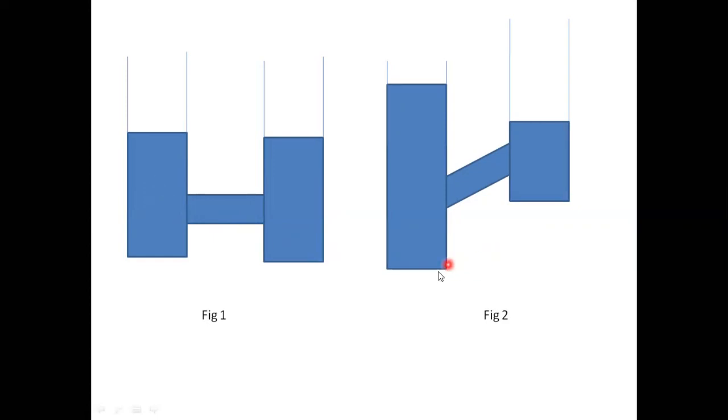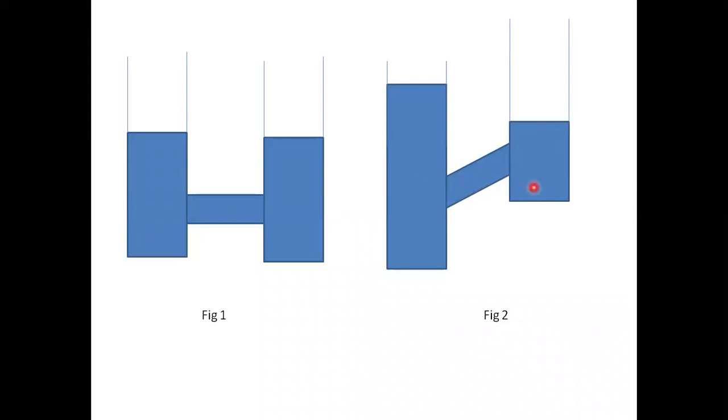Correct? But if you see figure 2, this container is given a certain height. Since it has been taken to a particular height, the potential energy for this container has increased. Because of this increased potential, the liquid starts to flow through this pipe from higher potential to lower potential.